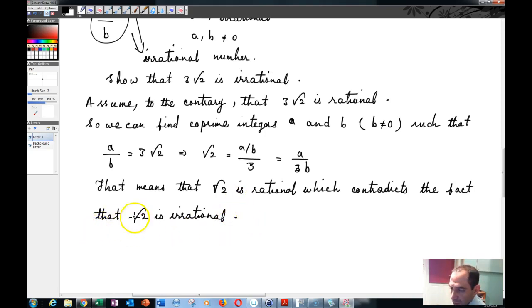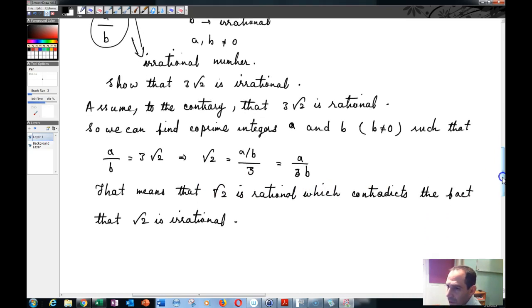So this contradiction arose because of our wrong assumption, our incorrect assumption, that 3 square root of 2 was a rational number. So we conclude that 3 square root of 2 is irrational.